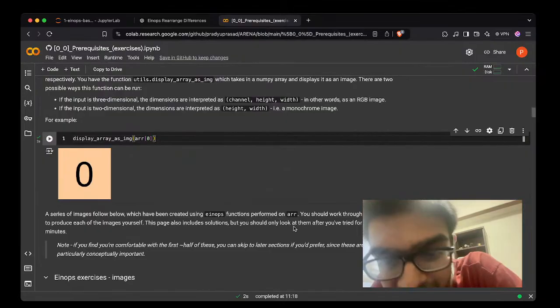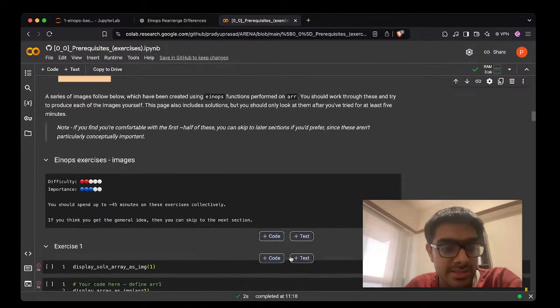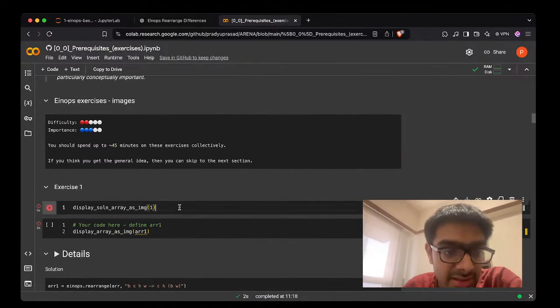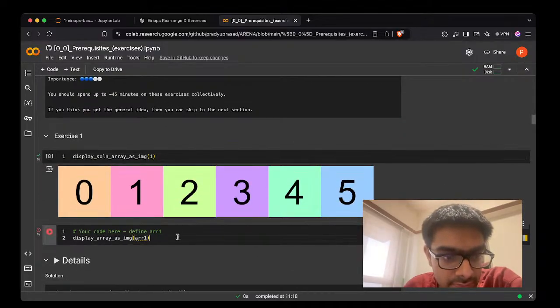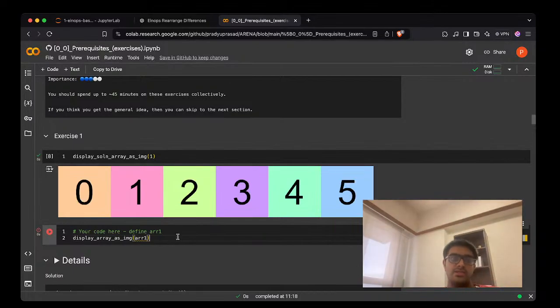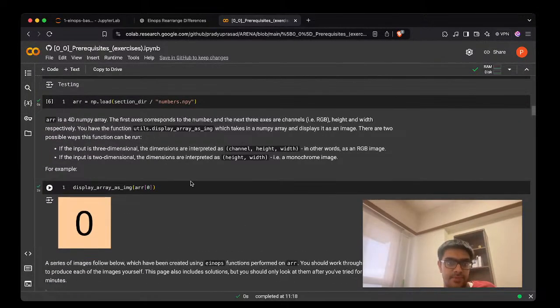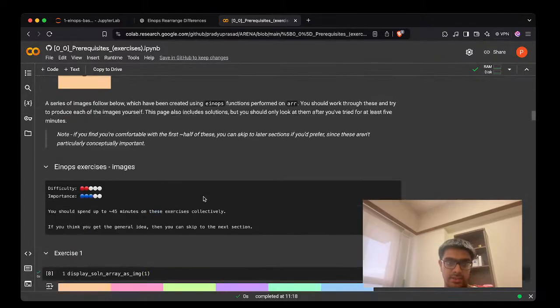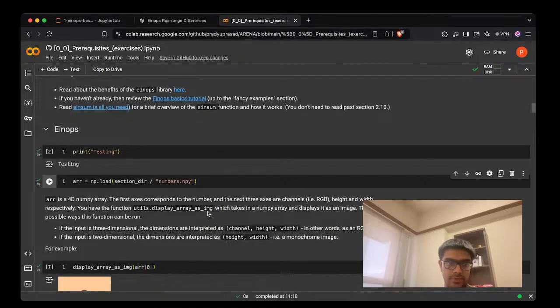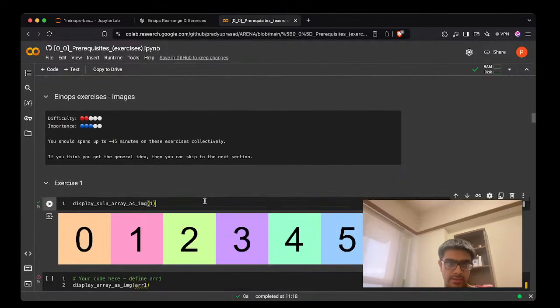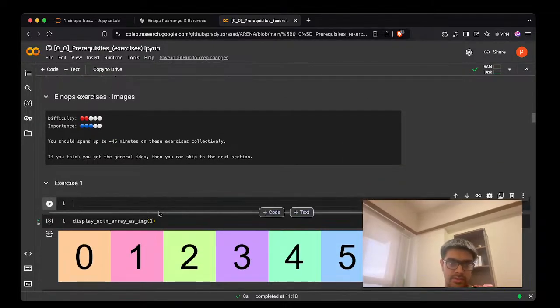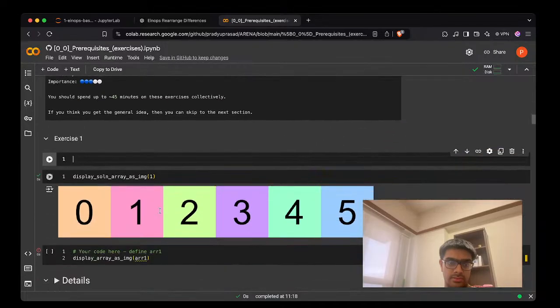Try for at least 5 minutes. Okay, 45 minutes collectively. Display solution. So let's look at this ARR over here, right? Let's look at a little math here.